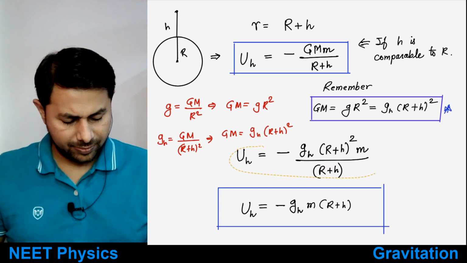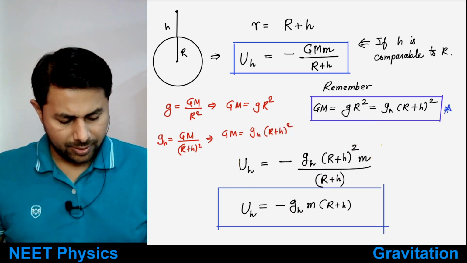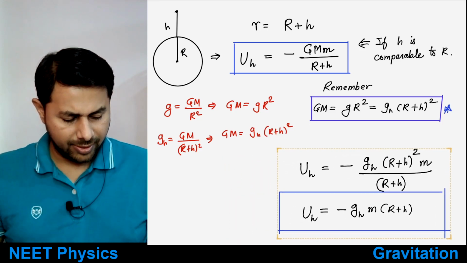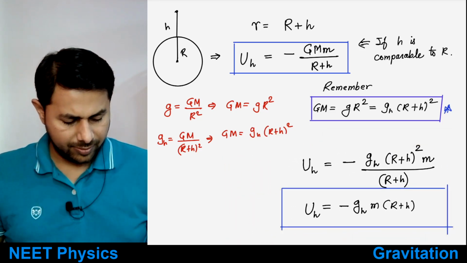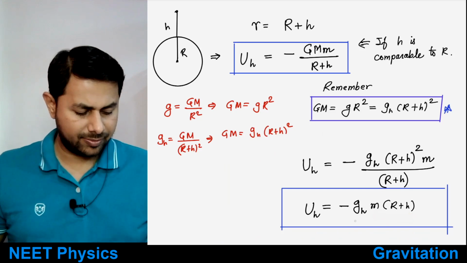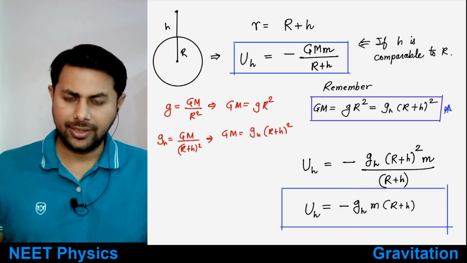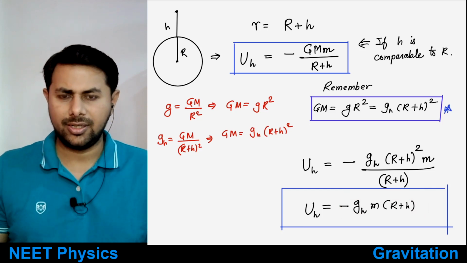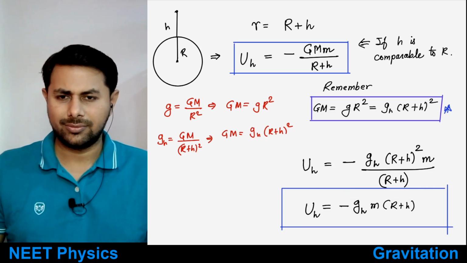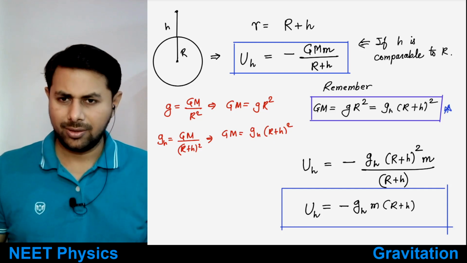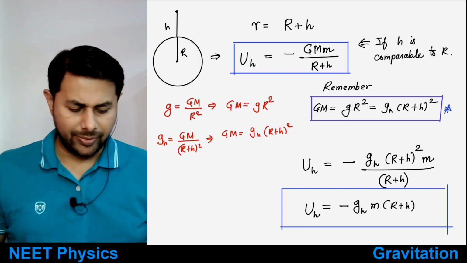So gh multiplied by m into r plus h. This is potential energy at height h. This thing is clear. All right, then okay, good.